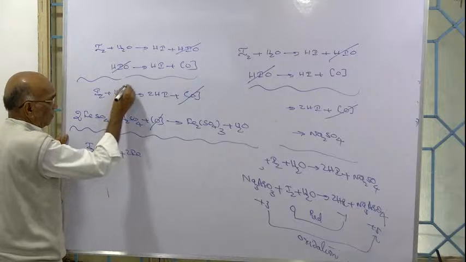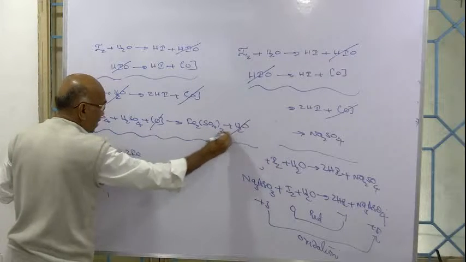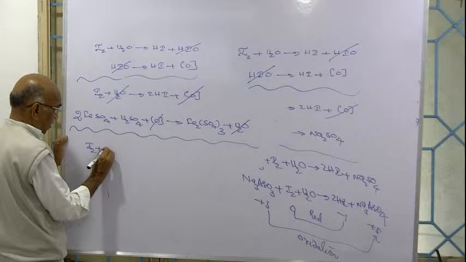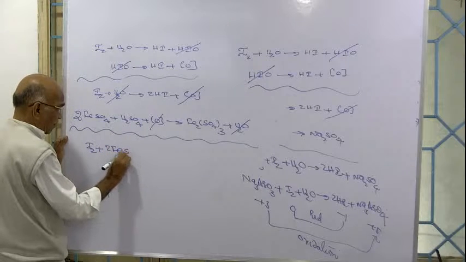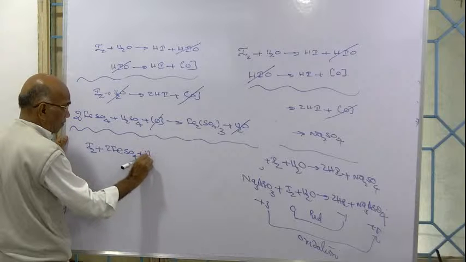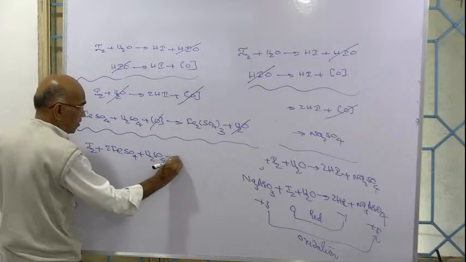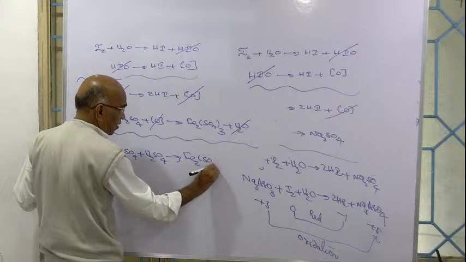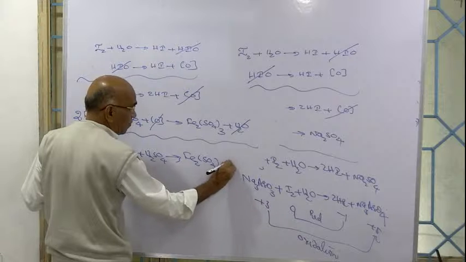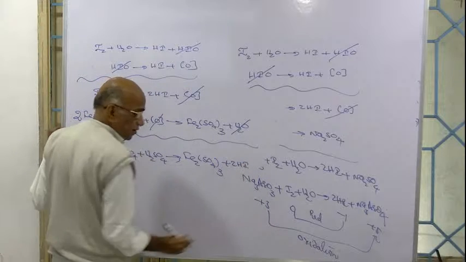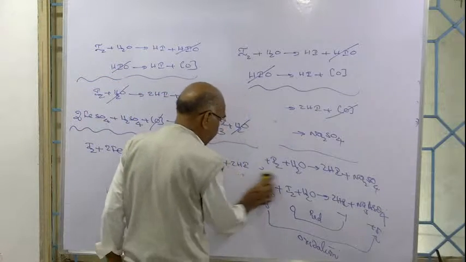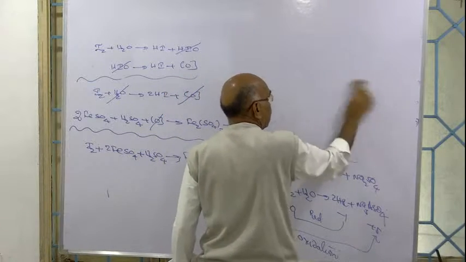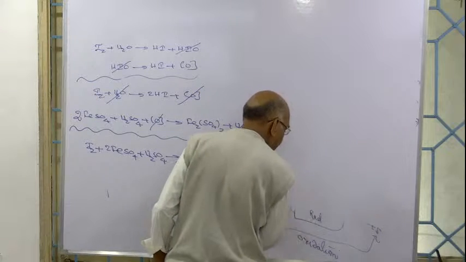Water also gets cancelled, because it is there in the entire solution. 2FeSO4 plus sulfuric acid gives ferric sulfate plus 2 moles of HI. Ferrous sulfate to ferric sulfate.